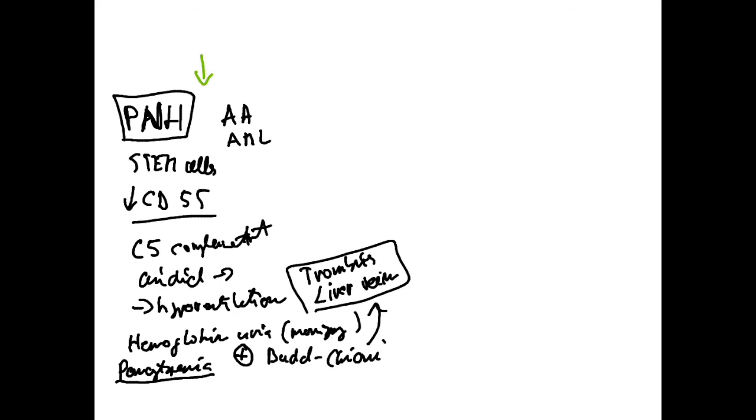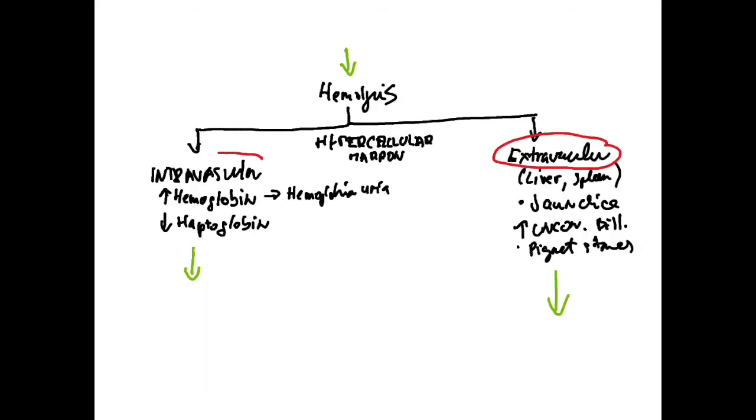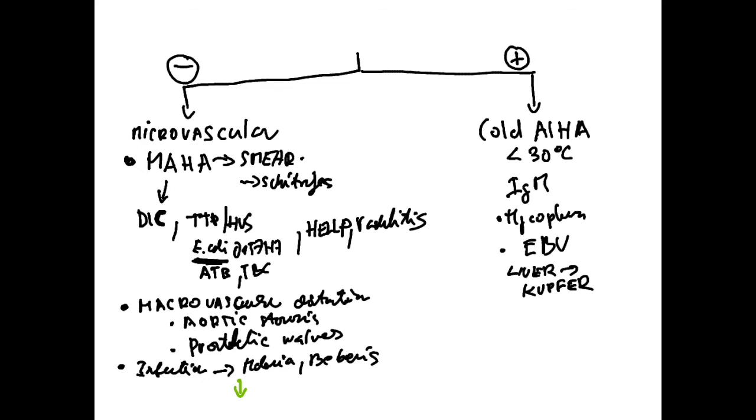So if I want to summarize this part on intravascular hemolysis, I'm going to jump back again. We went through intravascular hemolysis. Very important are the hemoglobin and hemoglobinuria and decreased haptoglobin. The subgroups of intravascular hemolysis are warm autoimmune hemolytic anemia, which is Coombs positive. So you're going to do a Coombs test to find out if there are antibodies.